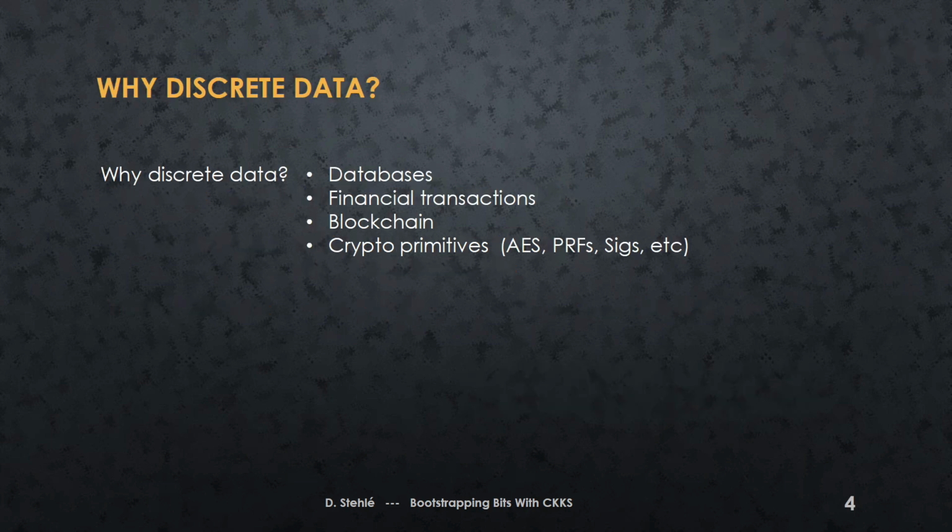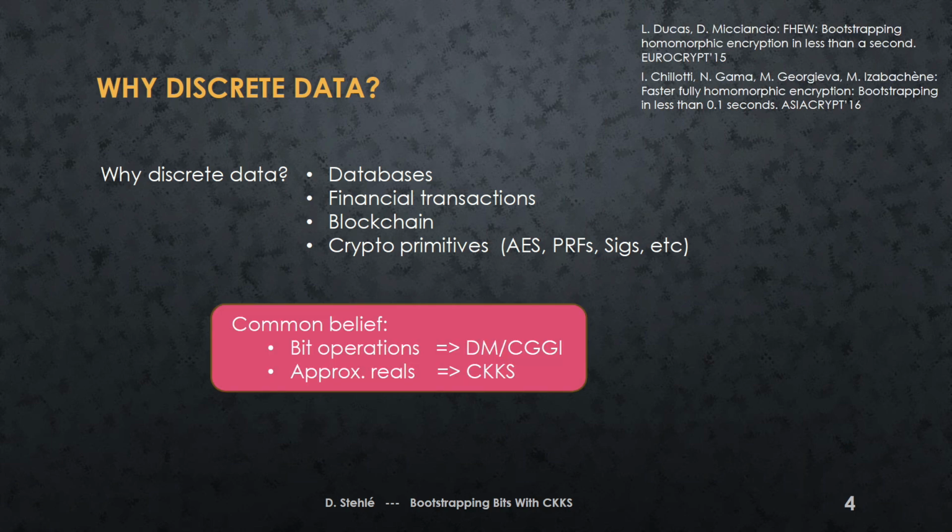Okay, so why discrete data? There are a bunch of good reasons to look at discrete data: to handle databases, financial transactions, or to homomorphically implement cryptographic primitives, which has a bunch of applications such as transciphering or thresholdizing different cryptographic functions.